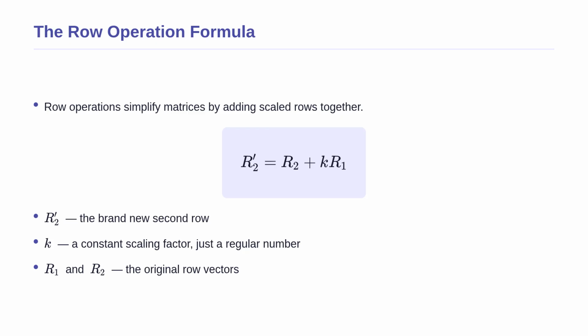R2 is the original second row. The letter K is a constant scaling factor, just a regular number. And R1 is the first row. If you increase K, you are simply adding a larger multiple of the first row's direction into the second row. This operation is the engine of Gaussian elimination, allowing us to cancel out redundant numbers and create those necessary zeros.